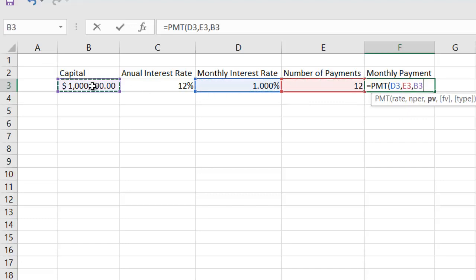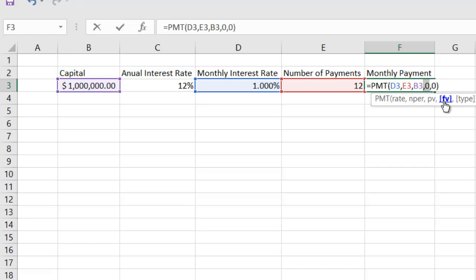Now, FV is the final value. The fourth parameter is where you want to end the payment, so you want the payments to reach 0.